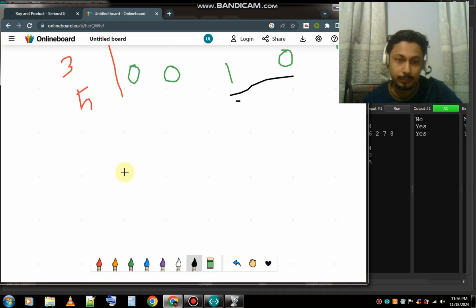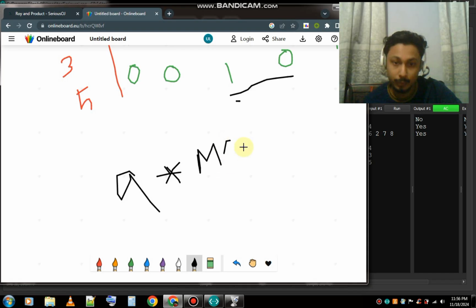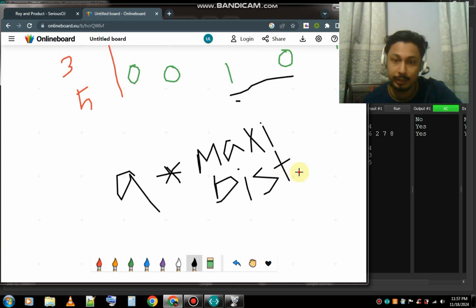Per query, with total queries q, and the maximum distinct prime factors of x, because we don't need to check other prime factors.